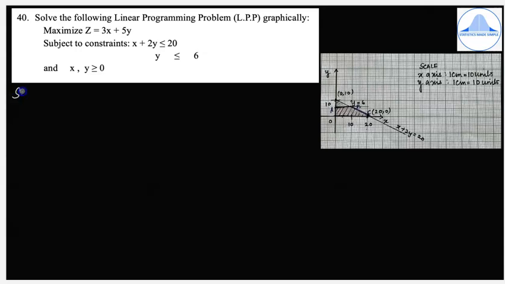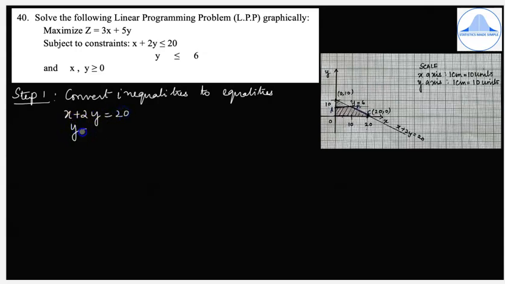Step 1 is to convert inequalities to equalities. So we have x plus 2y is equal to 20 and y is equal to 6.